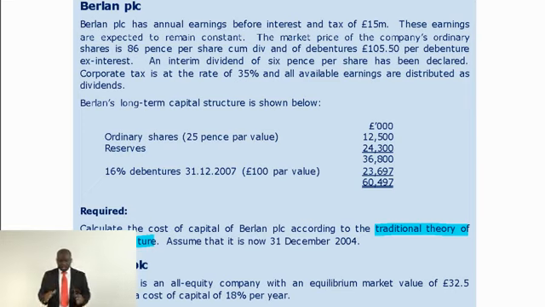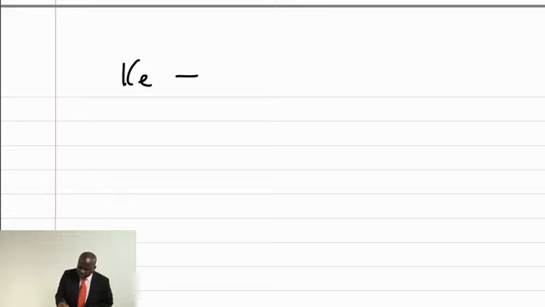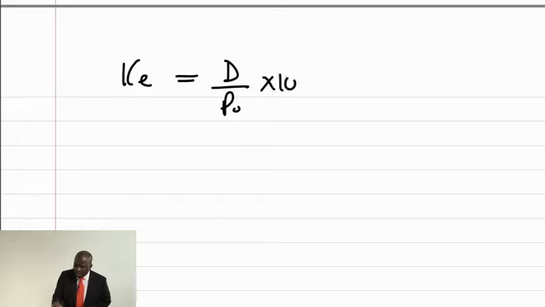Now, if you come to this question, it is telling you that all available earnings are distributed as dividend. So your dividend is your earnings. However, that dividend valuation formula, as we know, cost of equity is equal to dividend divided by the market price multiplied by 100, didn't come by itself.